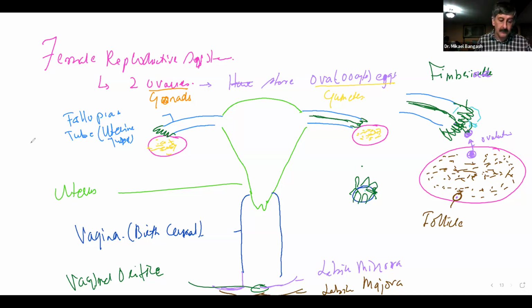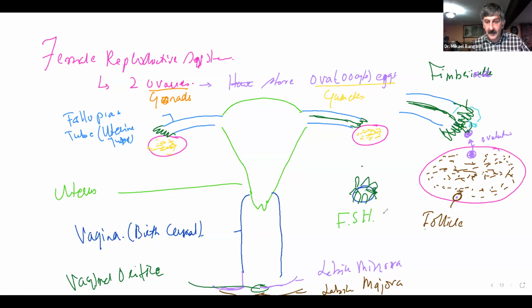Now, the other day, guys, when we talked about the endocrine system, we said there was a hormone that we called FSH. And what did FSH stand for? It stood for follicle stimulating hormone.